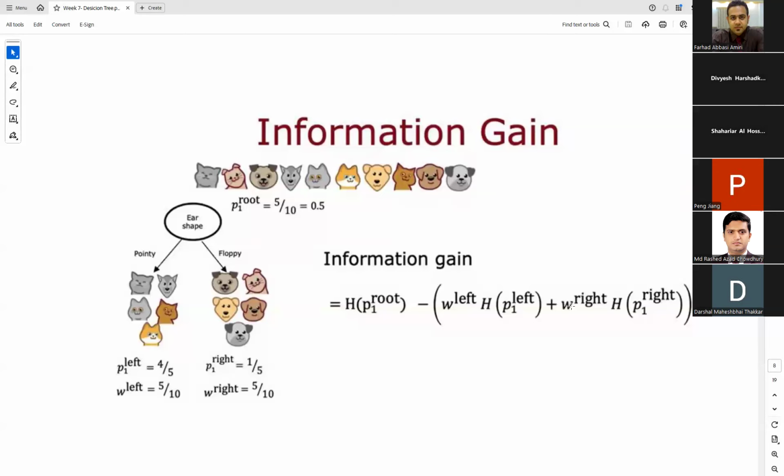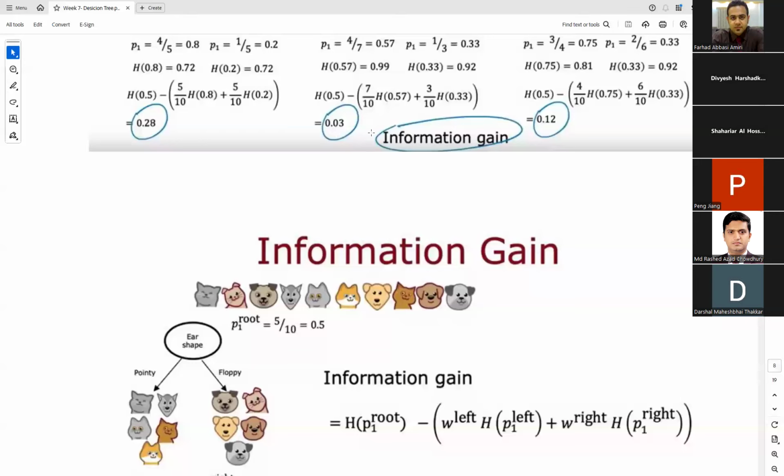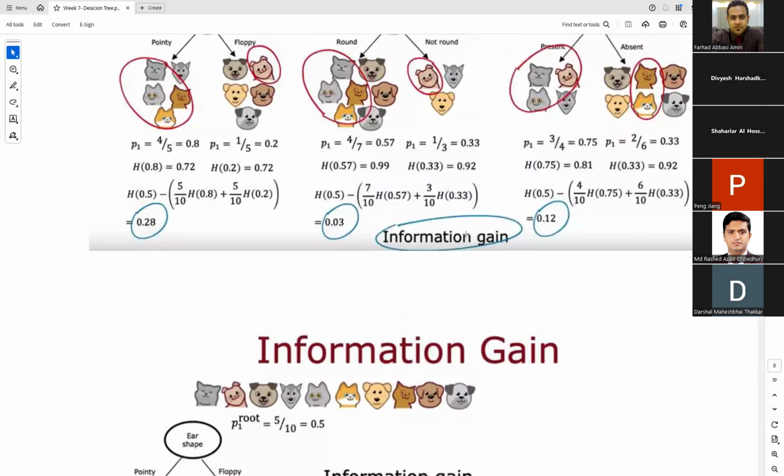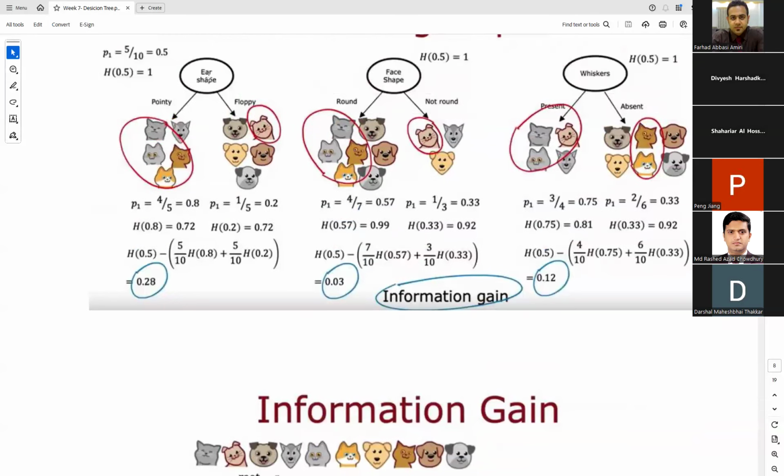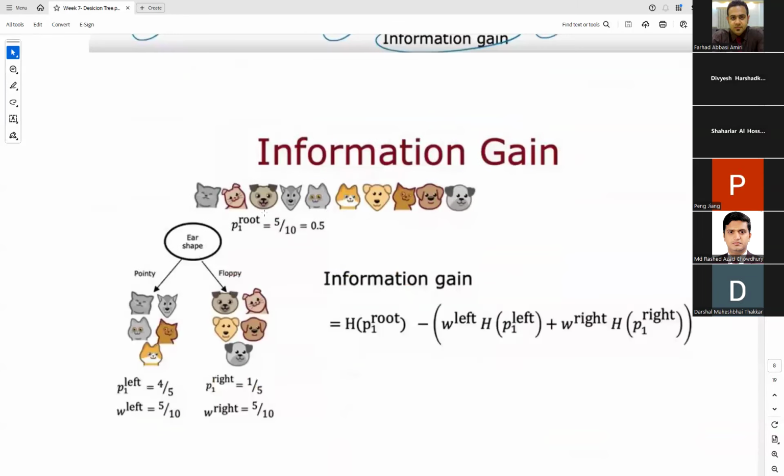You can replace these parameters with their values and then calculate the information gain. This is what we calculated here for 3 examples. And then we choose the larger information gain and its corresponding feature. And we start splitting on this feature, not face shape or whisker.